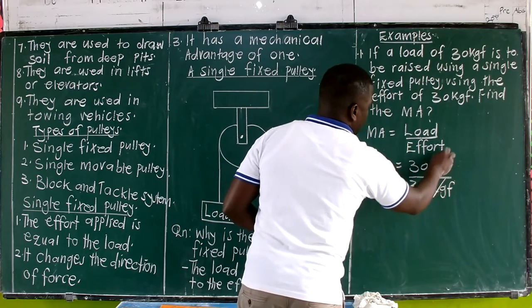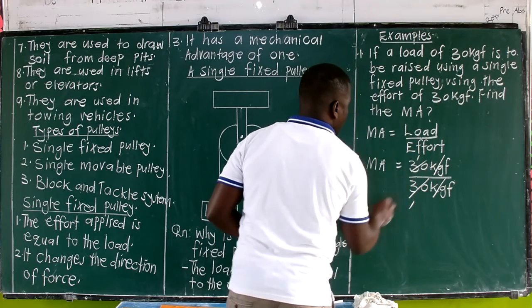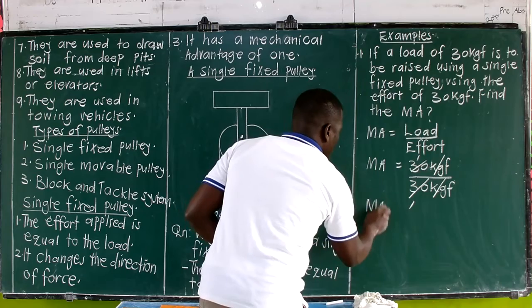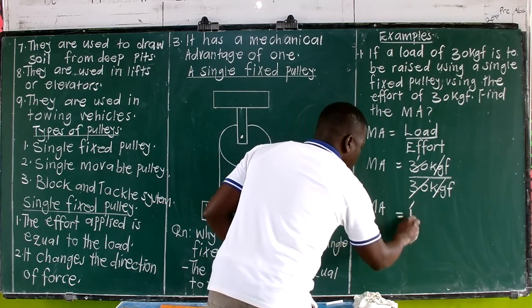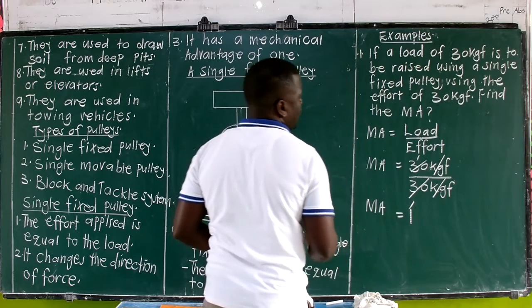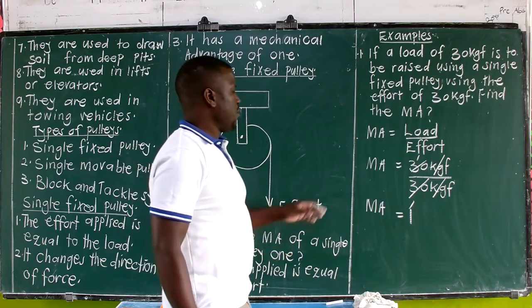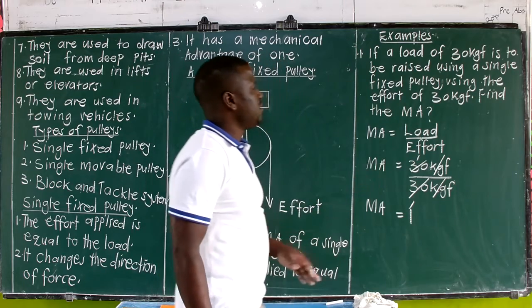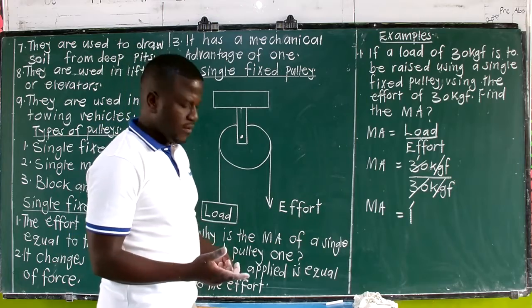Kilogram force cancels with kilogram force, 30 over 30 is 1, meaning that the mechanical advantage is equal to 1. That's why we are saying the mechanical advantage of a single fixed pulley is 1.